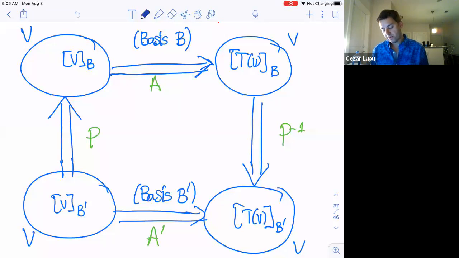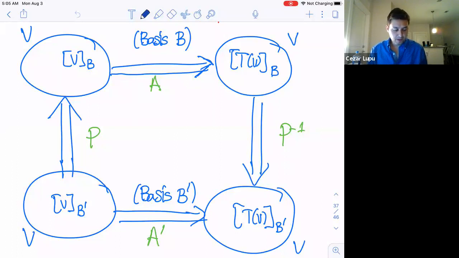I'm starting from the coordinate matrix of V relative to B prime, and then I'm going to the coordinate matrix of V relative to B through matrix P, and then I'm going to T of V relative to B through the matrix A, and then from T of V relative to B to T of V relative to B prime, I'm going through matrix P inverse. So that's the indirect way.